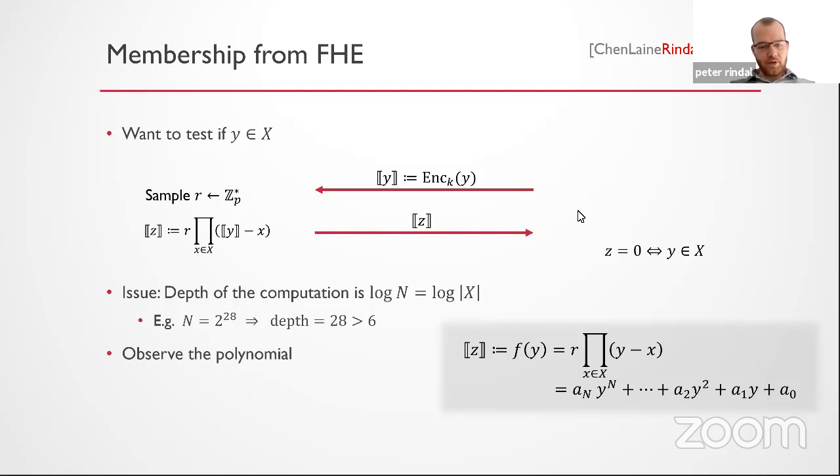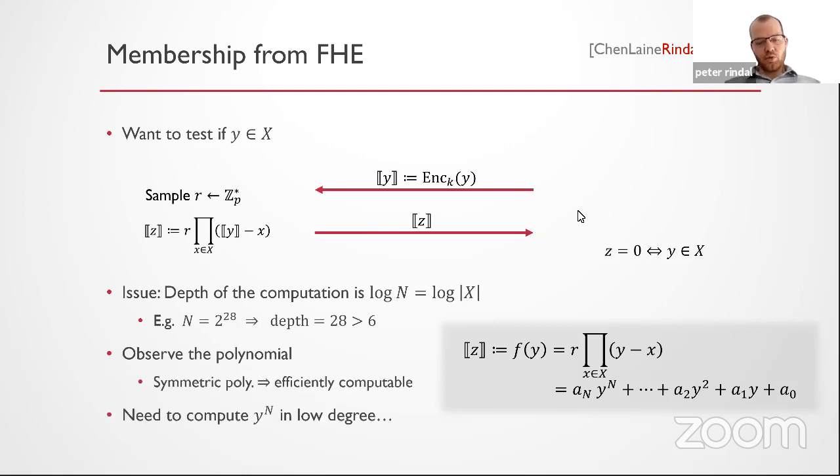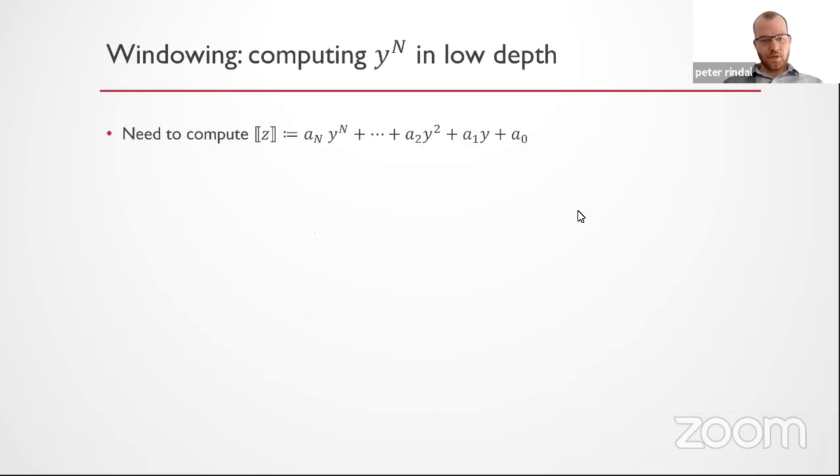But we haven't gotten around the issue that we still need to compute y to the power N. And naively, if you just do the classic square-and-multiply algorithm, it would still require depth 28. So the next question is, how do we get around this issue?